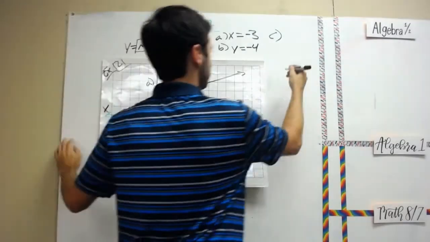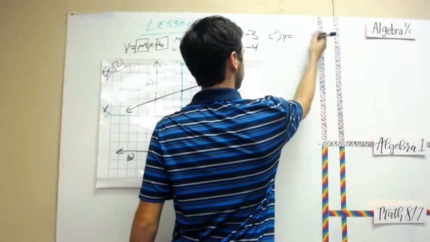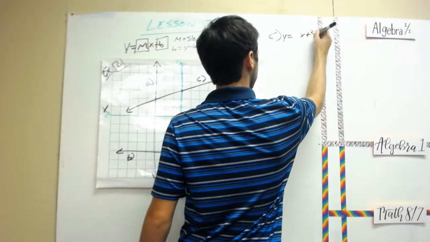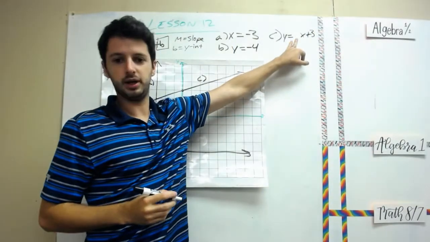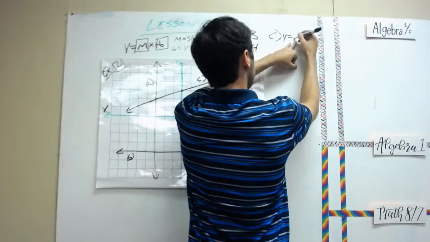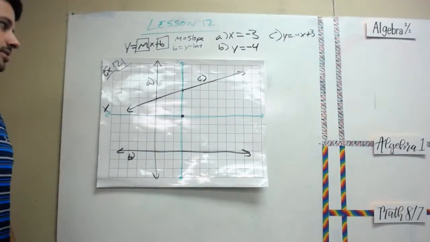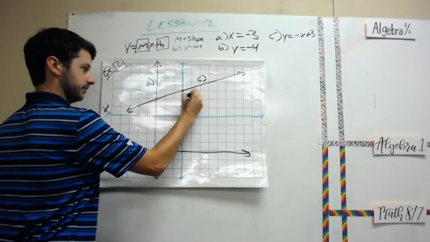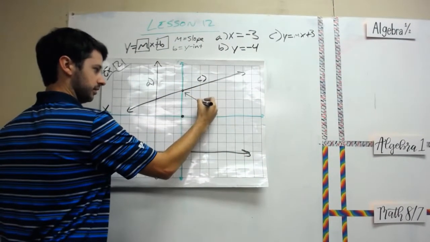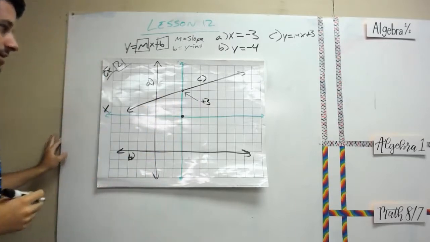Okay? So I can put y equals, I'll put mx plus 3 not to confuse you. But we know that b is +3. It intercepts the y-axis at 3.